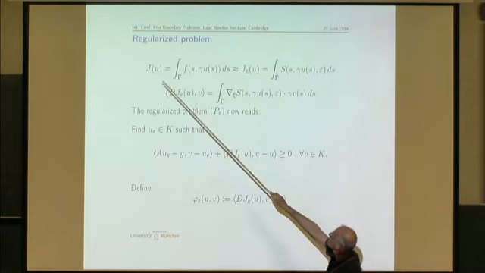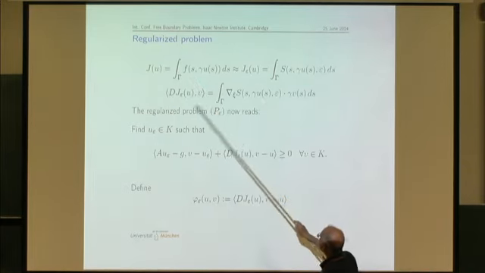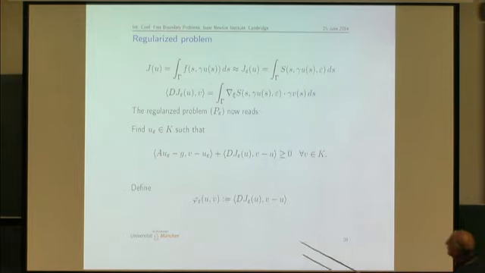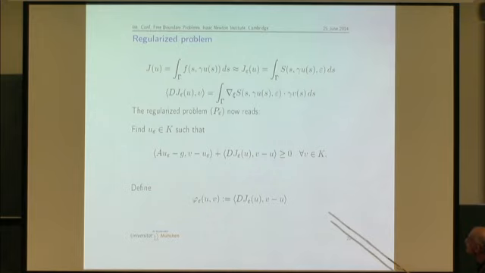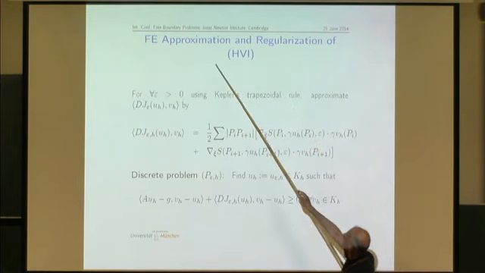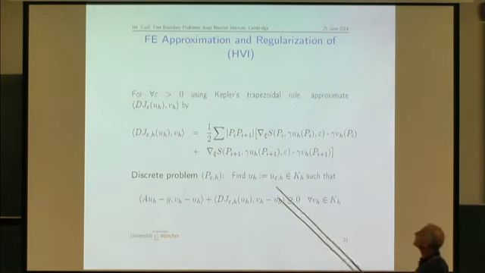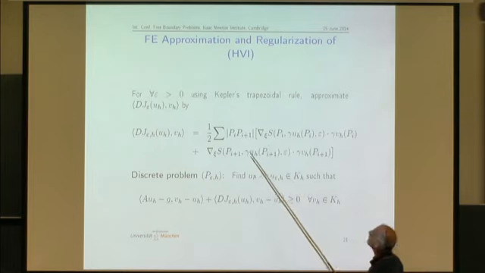So instead of J of u, you get J epsilon, and then you can differentiate. Because of the derivative constraint, which is still there, you get a variational inequality, but it is now a convex problem. Moreover, in addition to regularization, you have to introduce discretization. This is done in the most straightforward way by a finite element approximation based on a Galerkin approximation.